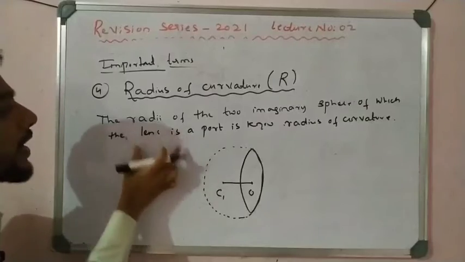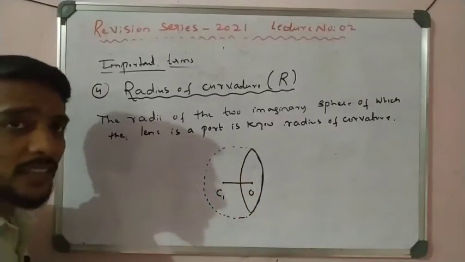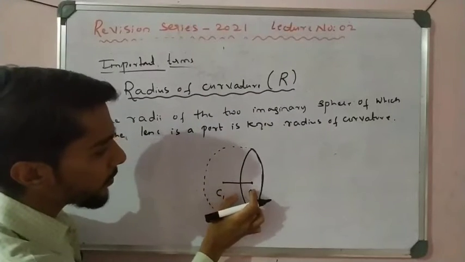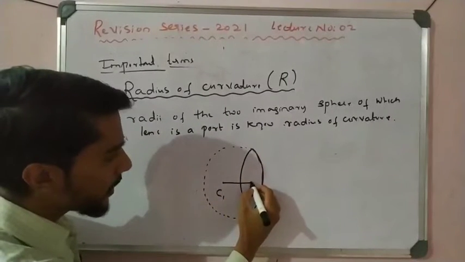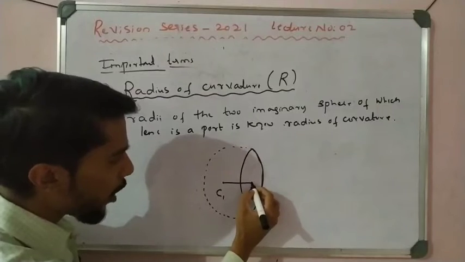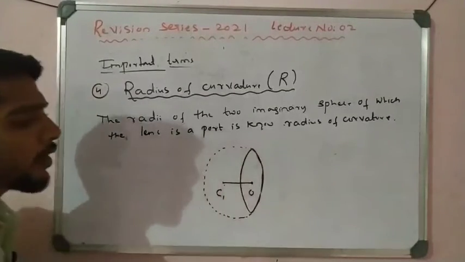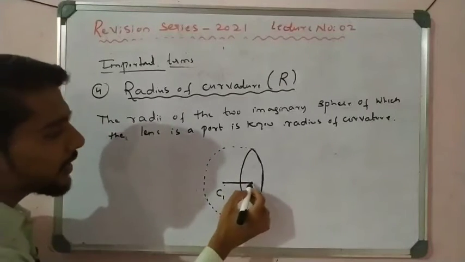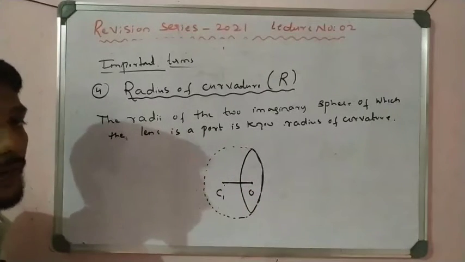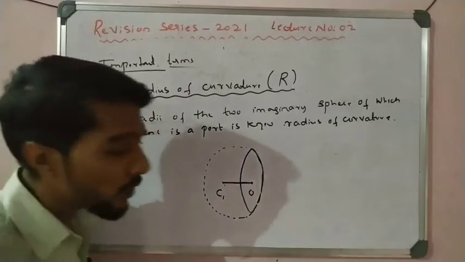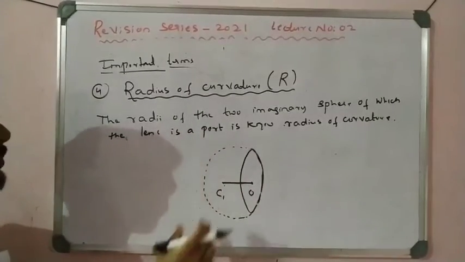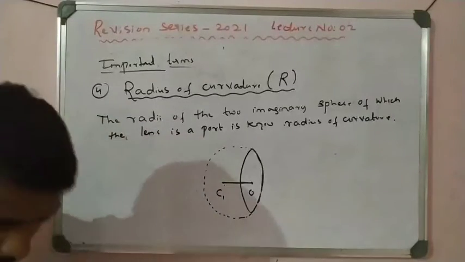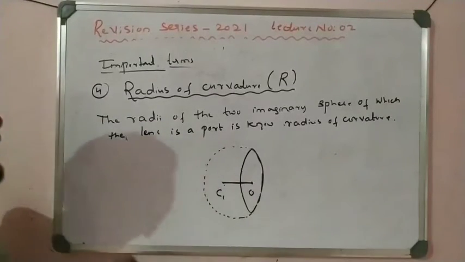That is the radius of this sphere. So what is the radius here? The distance between this optical center O and C, because every distance we take from the point O. This is called the radius of curvature here, right, students? That distance between the center and point O is the radius of curvature. So this point you have to remember, right?